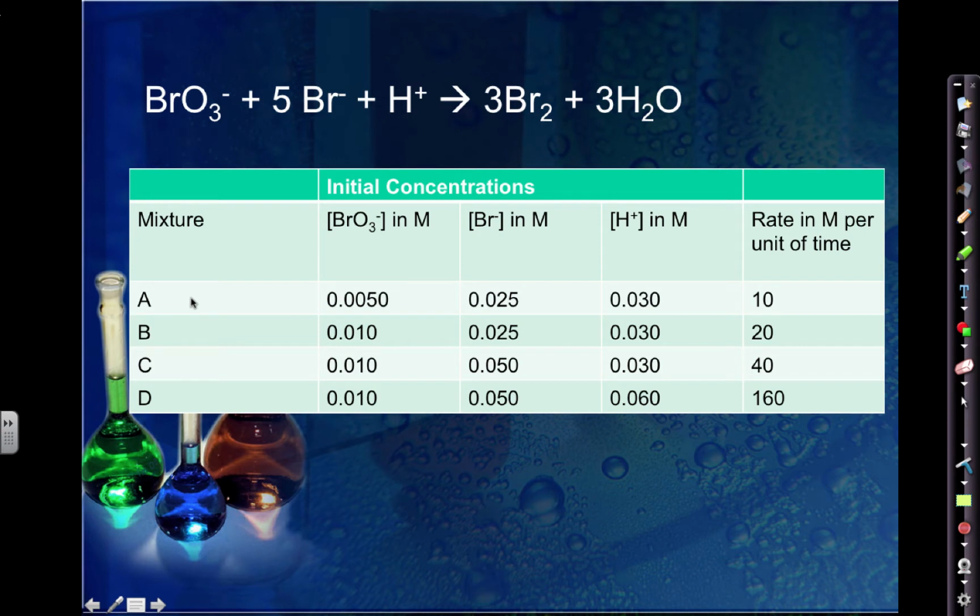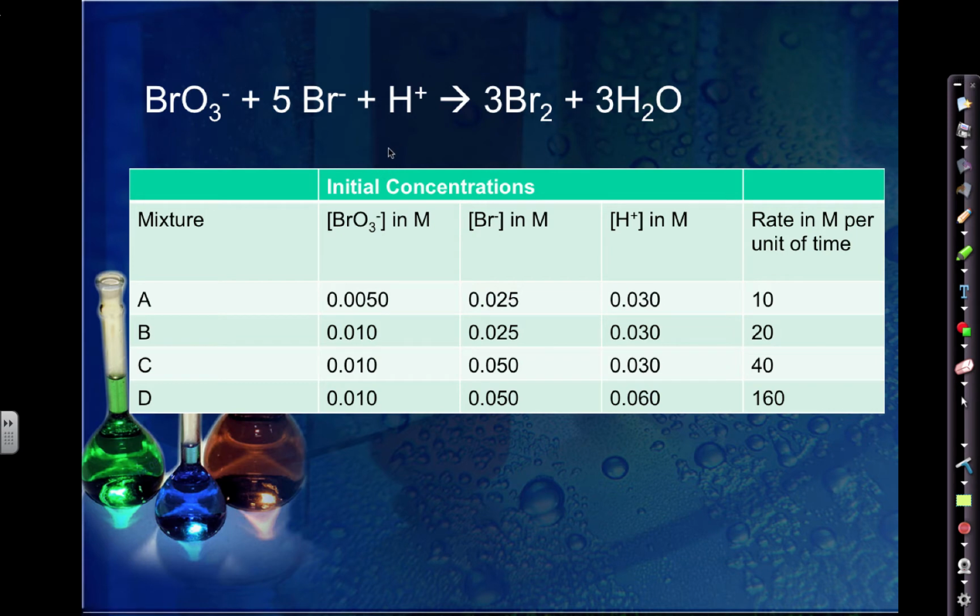Let's look at mixtures A and B. Br was kept the same, H was kept the same, and BrO3 was doubled. Well, when that happened, my rate also ended up doubling. So I can use that information to figure out what the order of each of these reactants is, and then figure out the overall order for the entire equation.